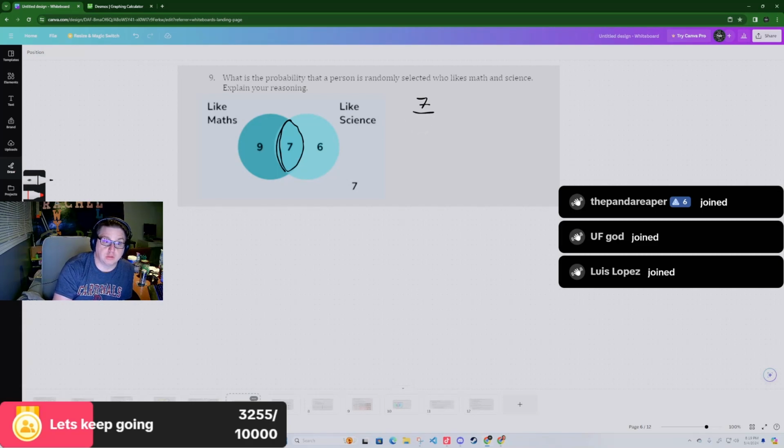Now, when we talk about our total, we're talking about our universe. So that means 9 plus 6 is 15, plus 7 more is 22, plus 7 more is going to be 29. So that is a probability of math and science. Okay? And it's because we're looking at where they overlap, math and science.